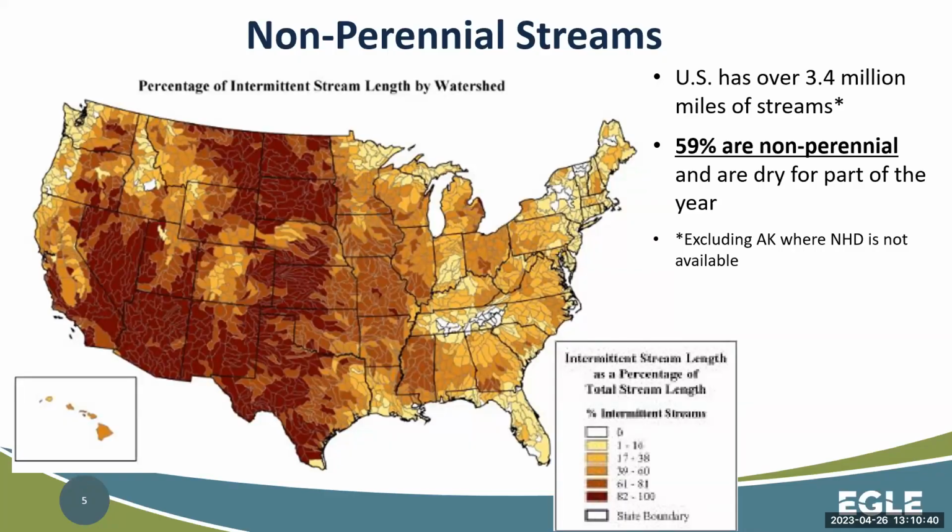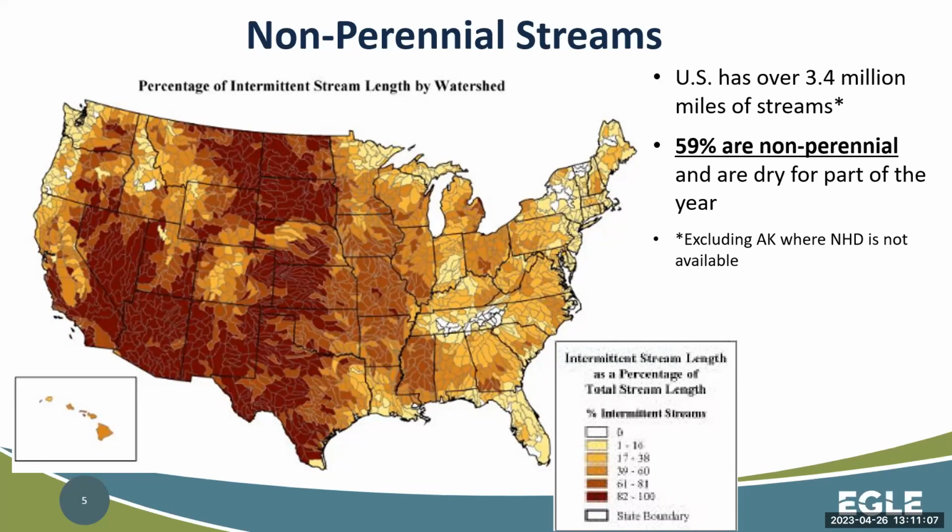So the US has over 3.4 million miles of streams, and 59% of those total stream miles are non-perennial and are dry for part of the year. Just to explain this slide, the darker the color, the larger percentage of the total stream length in the watershed is comprised of non-perennial streams.